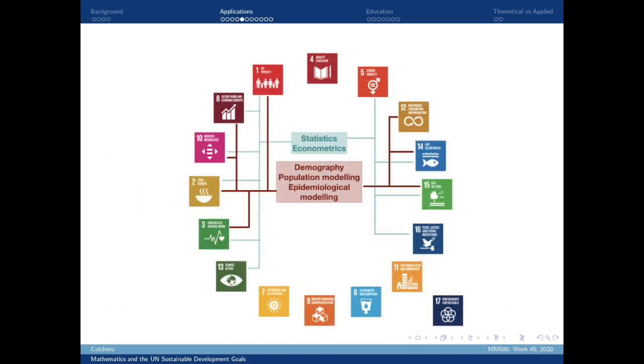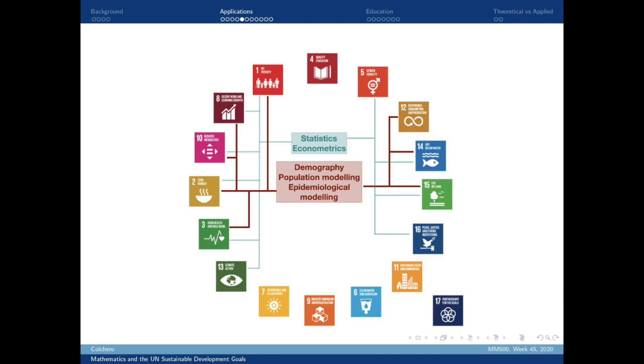Another important branch of mathematics, temporal stochastic processes, relates to modeling demography, population dynamics, and epidemiological processes. As you can imagine, this branch is fundamental not only to understand human population dynamics, but also the dynamics of populations of other species, such as species of commercial interest, like fisheries or crops, or even species of conservation concern.